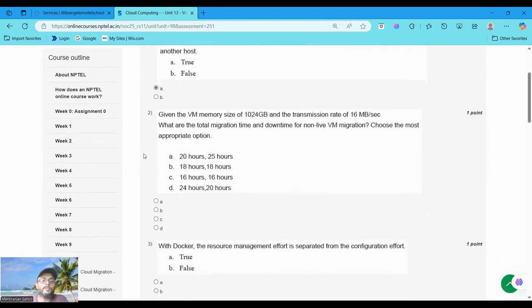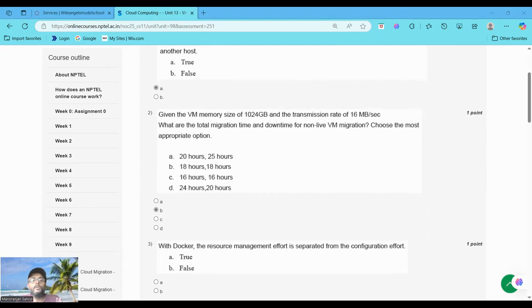The most appropriate option out of this is 18 hours and 18 hours. If you calculate these things, the total migration time is VM size by transmission rate. Remember, VM size by transmission rate, that is the VM size is 1024 GB by 16 MB per second.